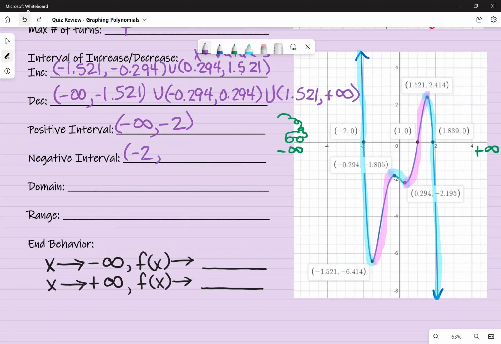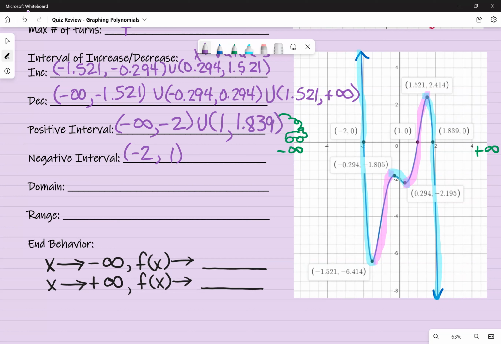So all of this from -2 to my next x-intercept, which is +1, my graph falls in the negative portion, which is underneath the x-axis. So from 1, I go back up to the positive section. So I'm always overlapping the numbers and I'm just determining where is my graph going. Is it going from the negative, or is it going to positive?